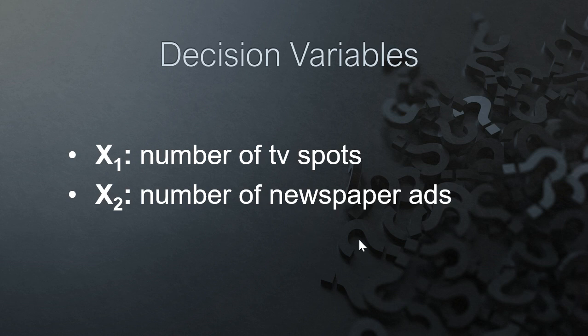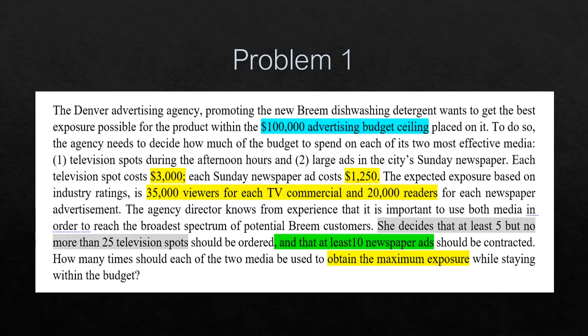Next, we will be defining our objective function. We've already stated that our objective is to maximize the total exposure we get from all the TV spots and newspaper ads we'll be paying for. As we can see here, exposure is measured in the number of viewers or readers.